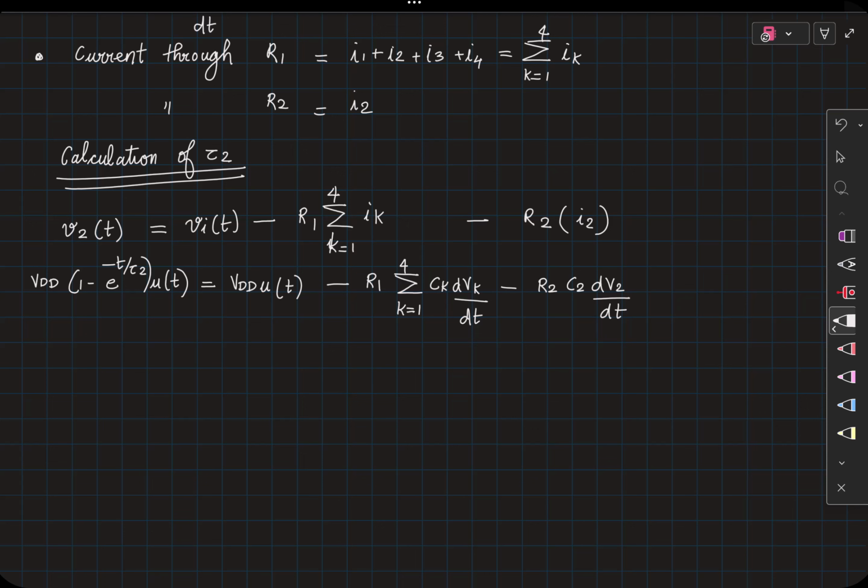Again, very straightforward calculations. Now I can cancel out VDD into u of t on both sides, and I'll rearrange the equations.